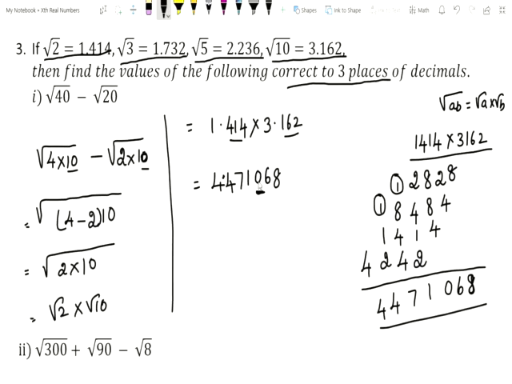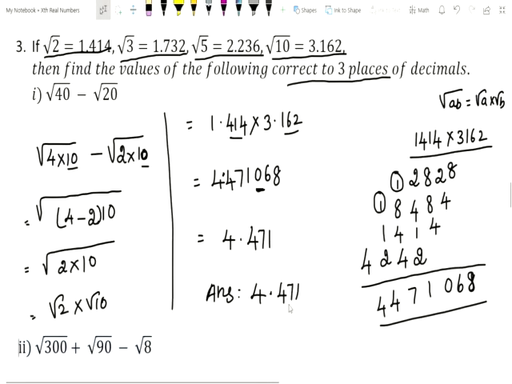Here this is less than 5, so you leave it, just the 3 decimal places alone you write: 4.471. Suppose it is more than 5, then you should add 1 to this number. You understand, children? So what is the answer? 4.471. You understand, children?